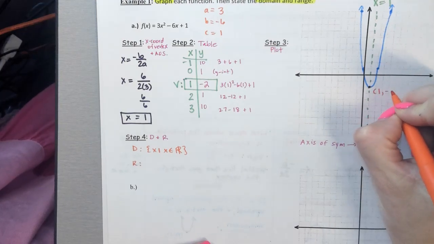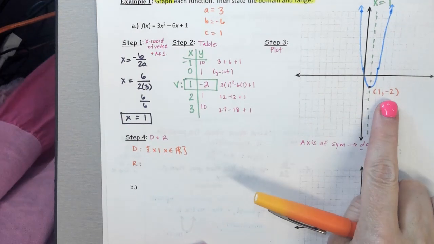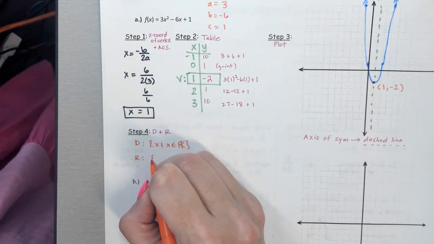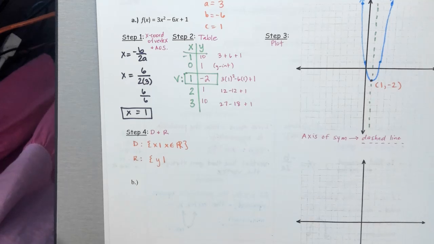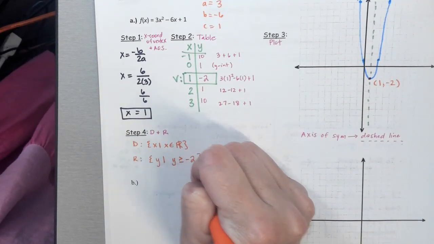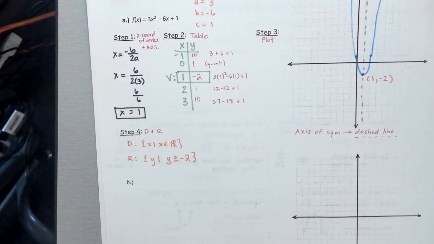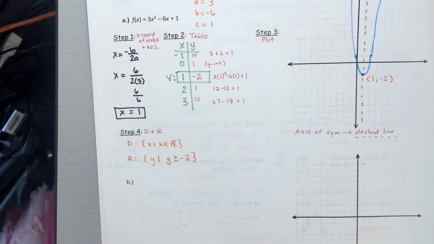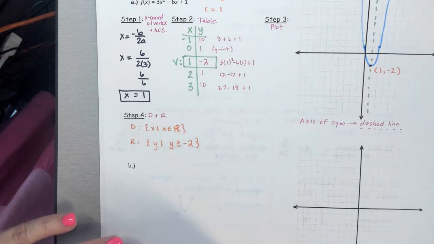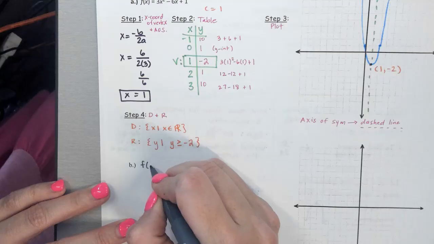So your vertex is 1, -2. You can always use the y-coordinate. If it's going up, then we're going to say y such that y is greater than or equal to -2. All right, and then I'm going to let you try part B.